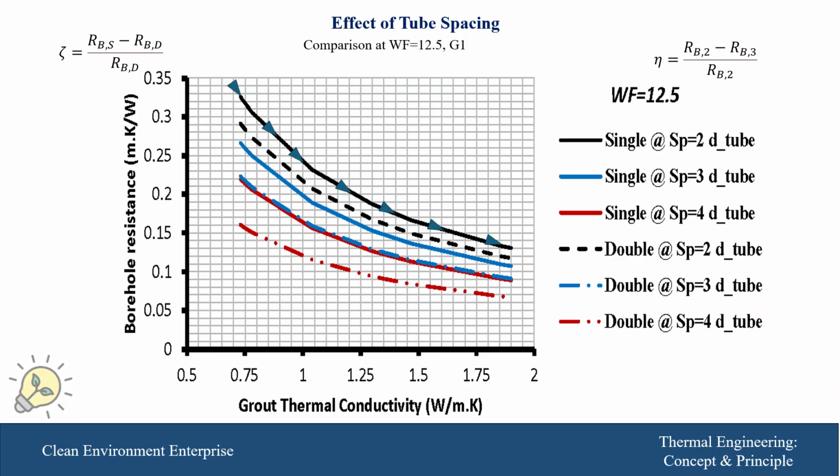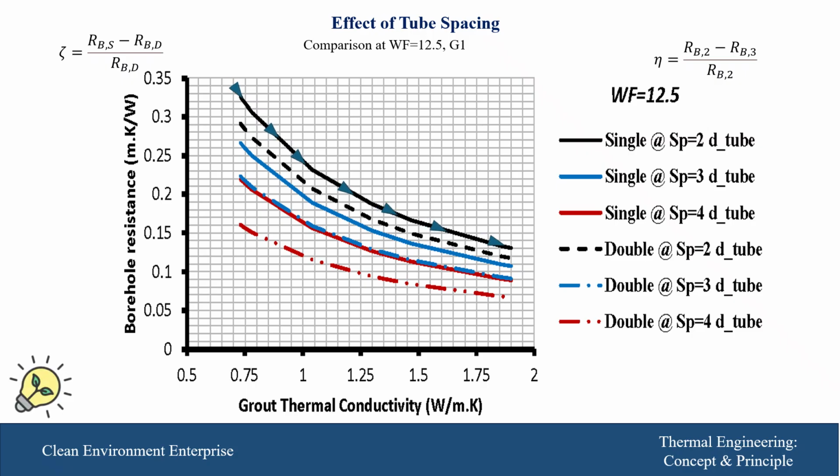And here eta for this geometry ranges between 18 and 19% for the single U-tube, and between 22 to 23% for the double U-tube when the tube spacing was 2D naught and 3D naught respectively.